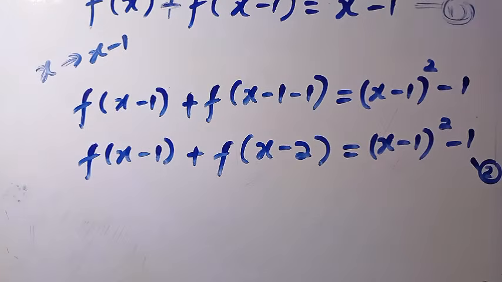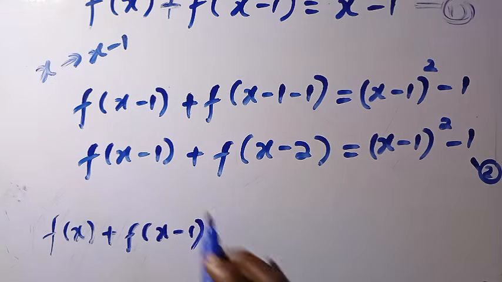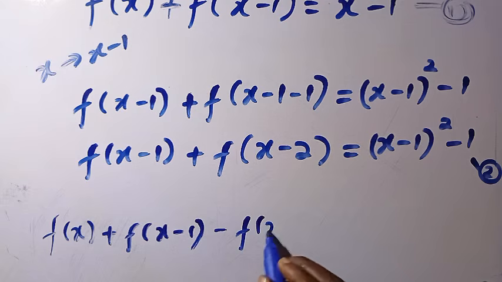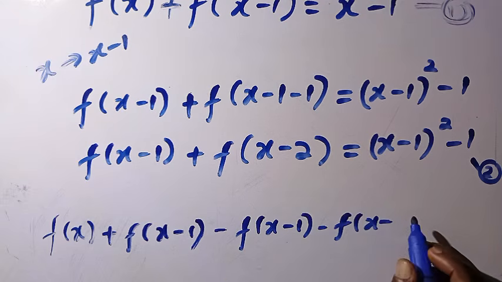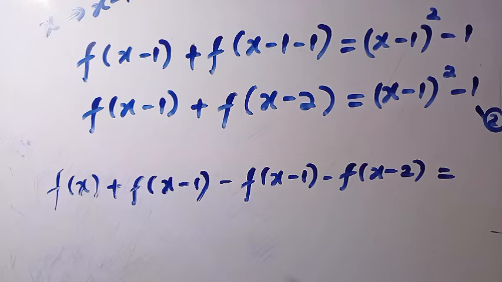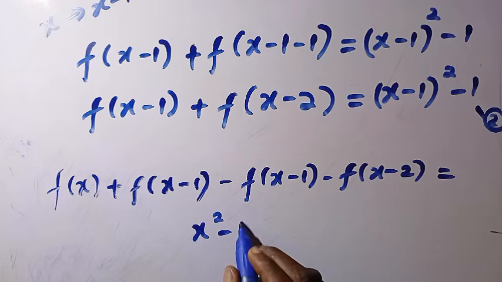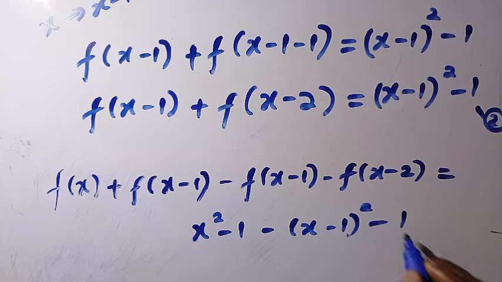Then let's subtract equation 2 from equation 1. From equation 1, we have f of x plus f of x minus 1. Then we subtract this from it, that is minus f of x minus 1 minus f of x minus 2. Then everything equals x squared minus 1, then minus x minus 1 squared minus 1.